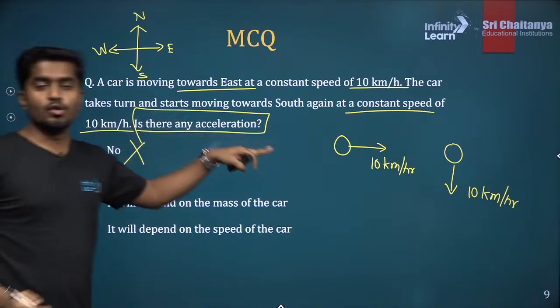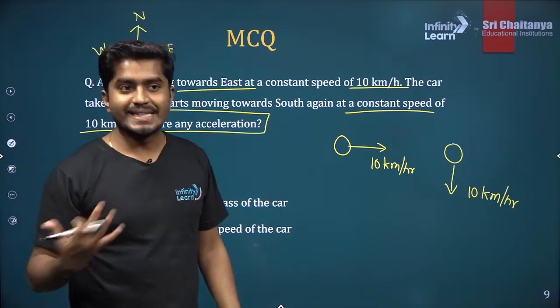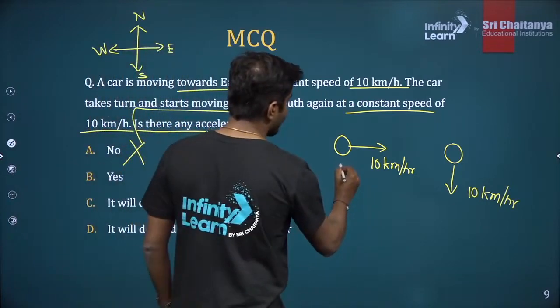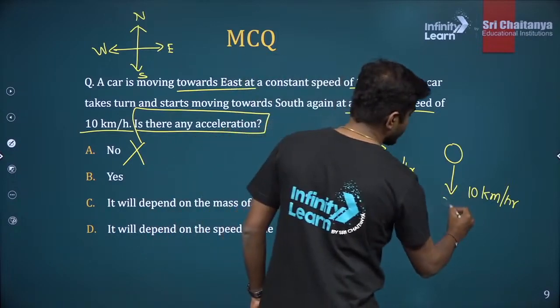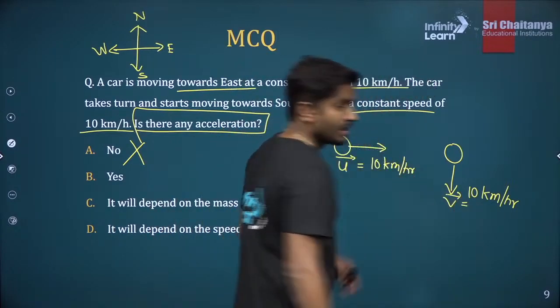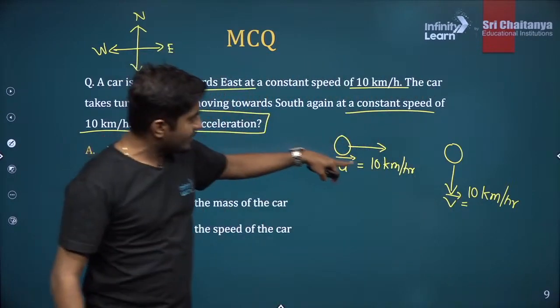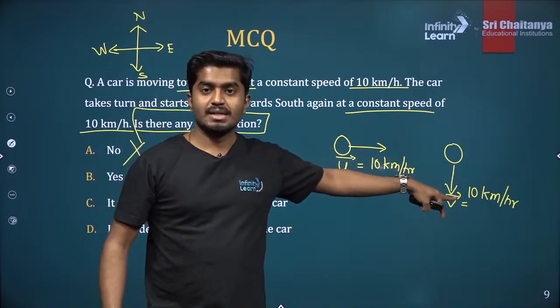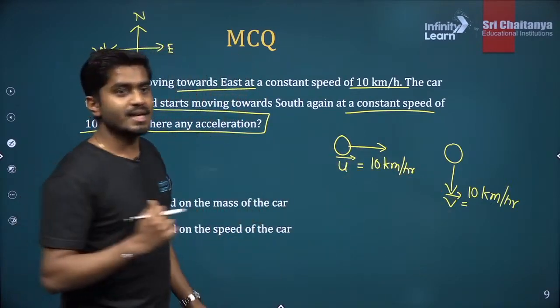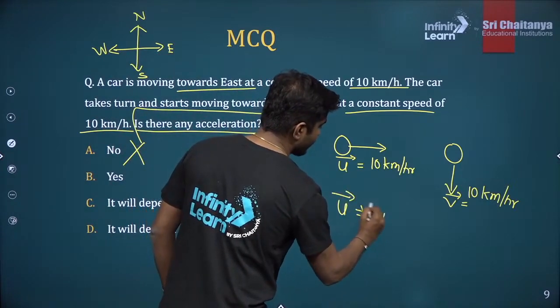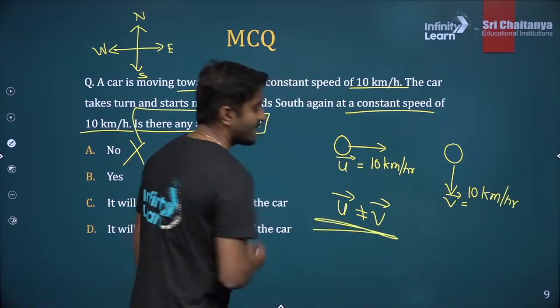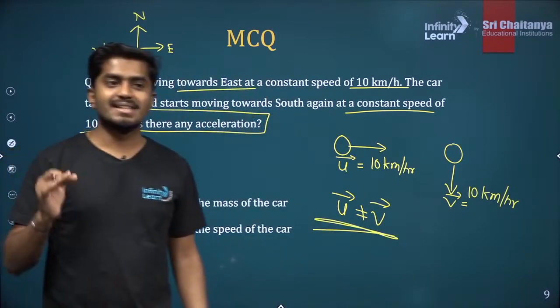Just now I told you velocity is a vector. There is an initial velocity, the u vector, and a final velocity, the v vector. Even though their magnitude is same, their direction is not same. So u is not equal to v, and because of that there is an acceleration.